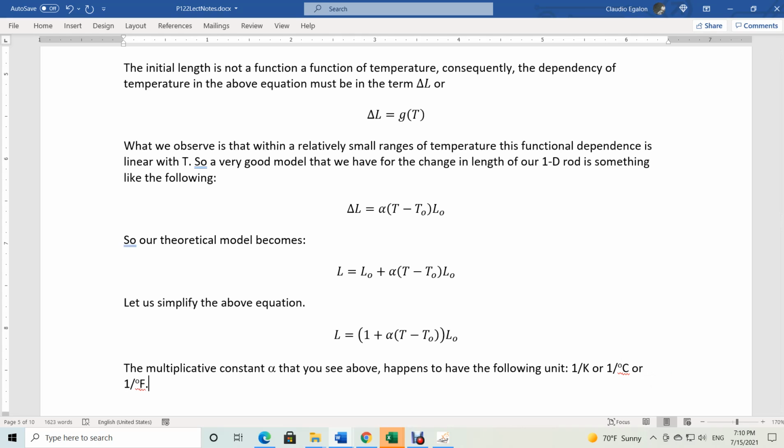There is one more important thing about this multiplicative constant alpha.